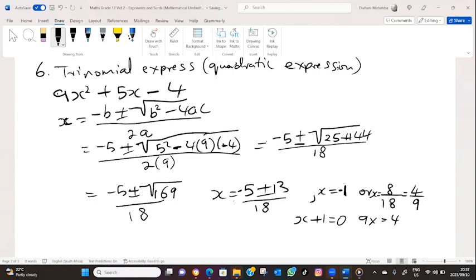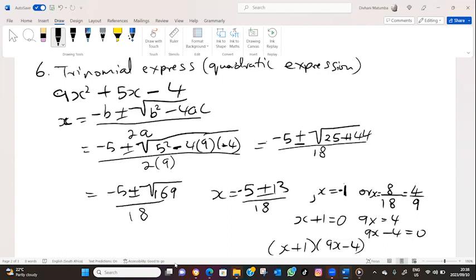Now, if I take 4 to the other side, we'll have 9x minus 4 equals 0. So we have factors, which are x plus 1 and 9x minus 4. You will never get it wrong. All right, that's the simplest way of factorization, using the formula.